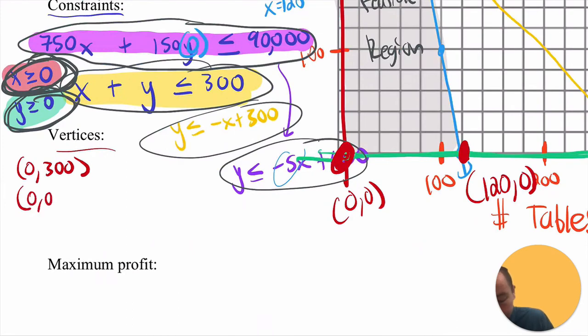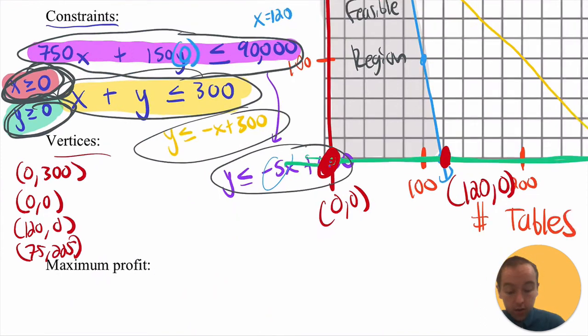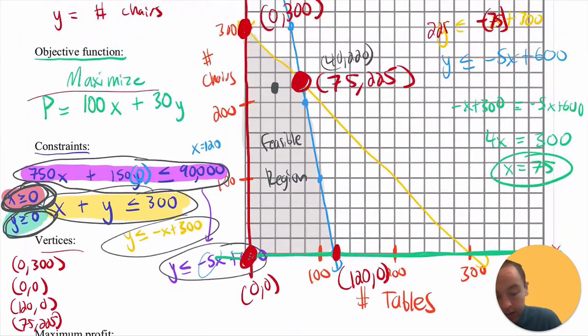With those vertices, we're going to be able to find the minimum as well as the maximum of our objective function. All we need to do is evaluate these under the objective function to see what values we get for profit.